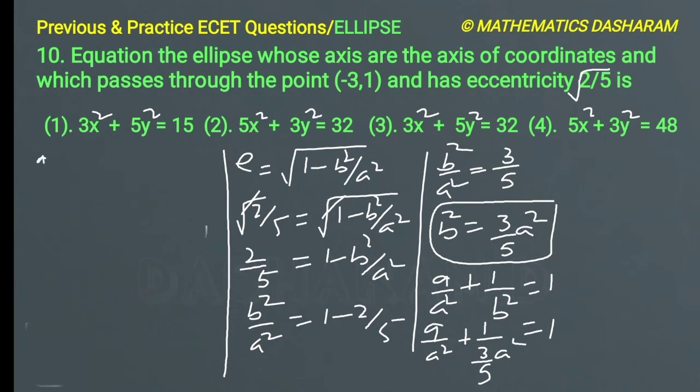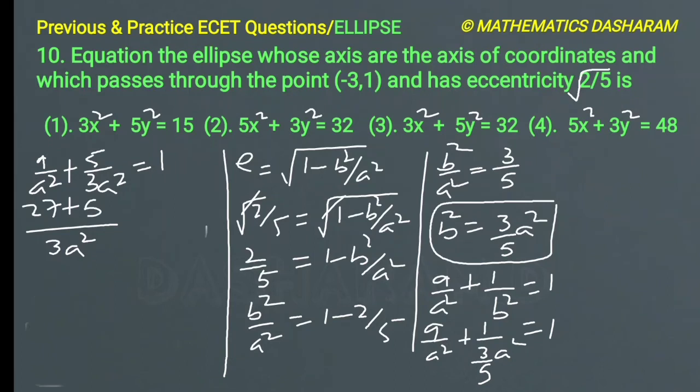So 9 by a square plus 5 by 3a square equals to 1. Now take the LCM. 3a square is the LCM. 3 nines are 27 plus 5 equals to 1. It is equals to 32 by 3a square equals to 1. 32 by 3 equals to a square.